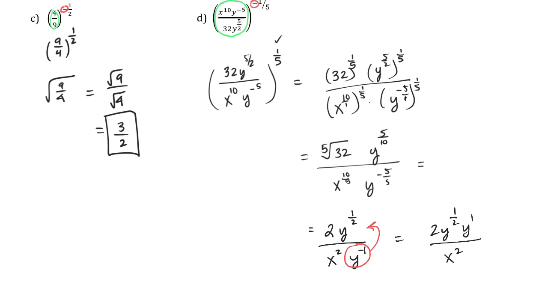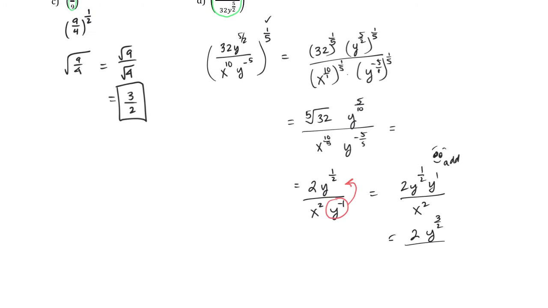And then I get to add my exponents for the y's. So this would be 2 y to the 1/2 plus 1, that would be 3/2, all over x squared. And that one is now done.